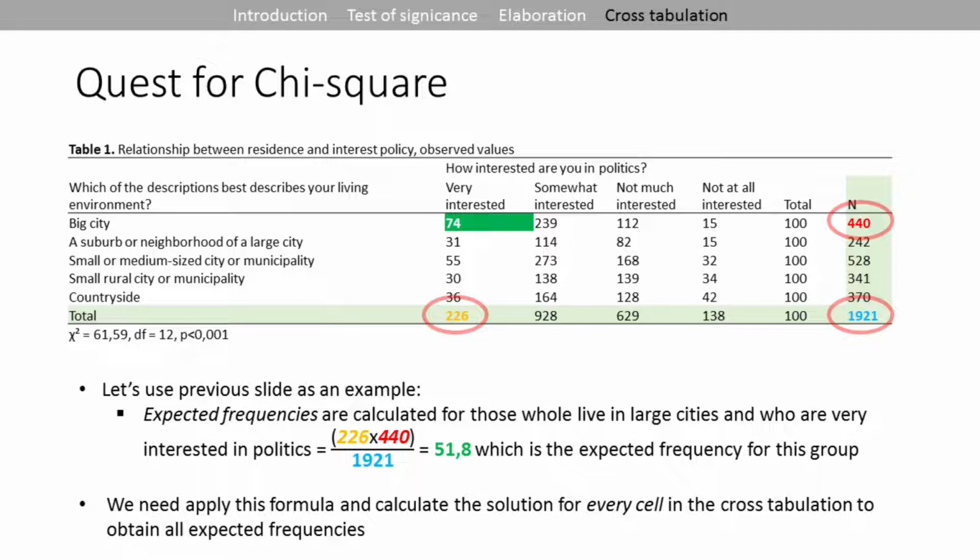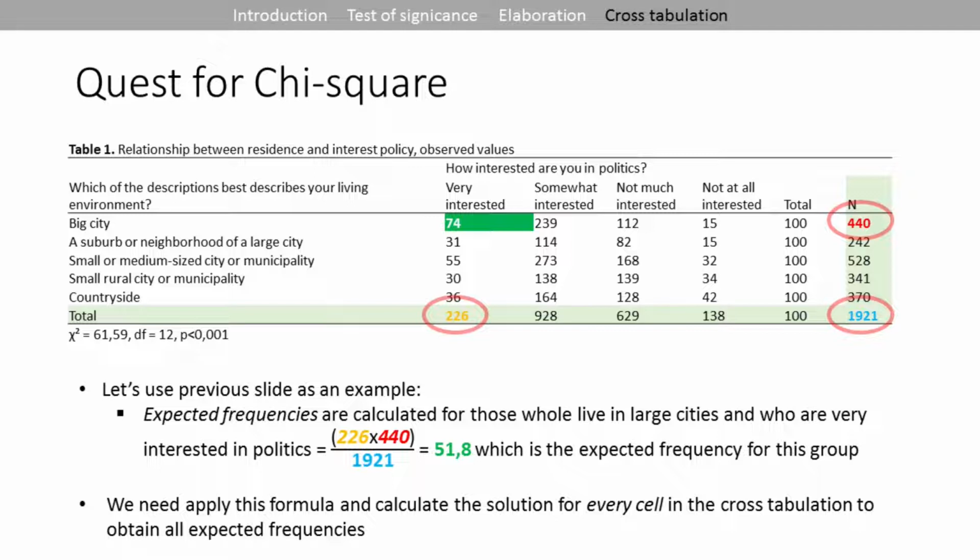They are multiplied with each other and divided by the total observations, which is in the corner, and that is of course 1921 individuals here. And then we get the expected frequency of 51.8, for those who live in a big city and are interested in politics, in that cell, which is the 74 one.